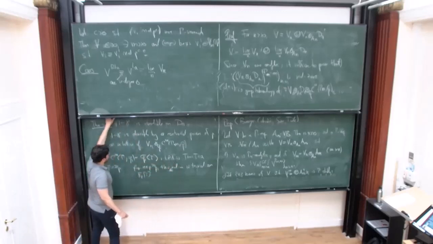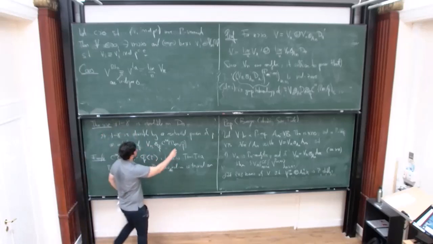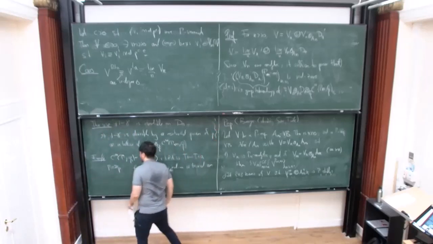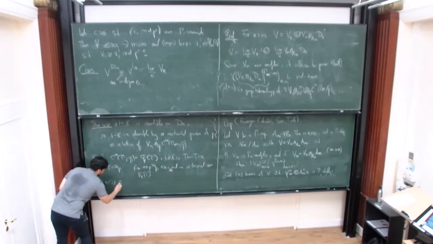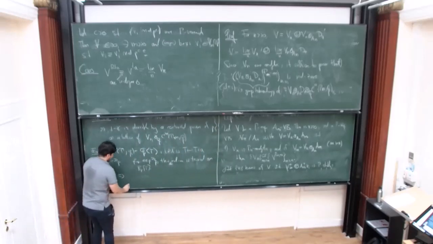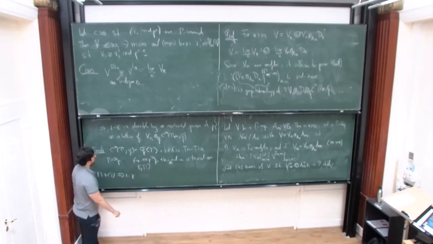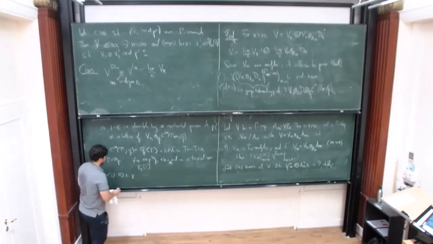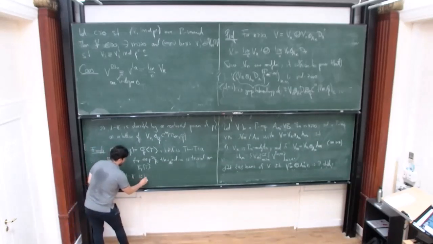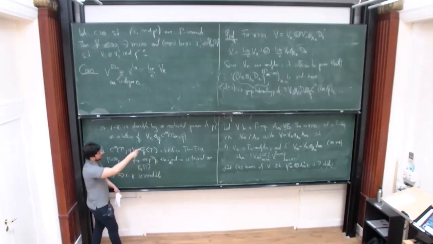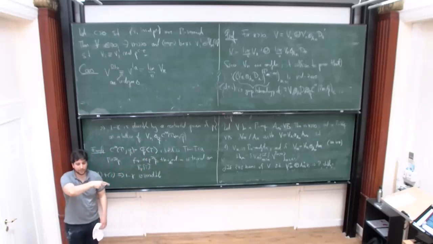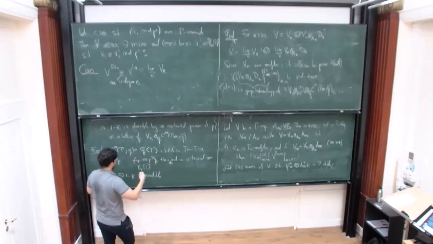And the point is that now, because of these properties, 1 and 2 will imply that this action of 1 minus gamma on this tensor is invertible, at least once you adjust the constants n and m large enough.